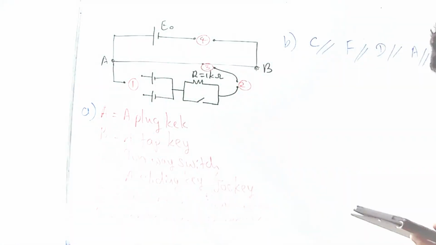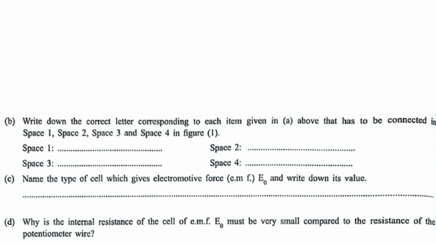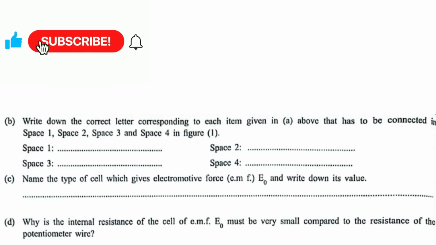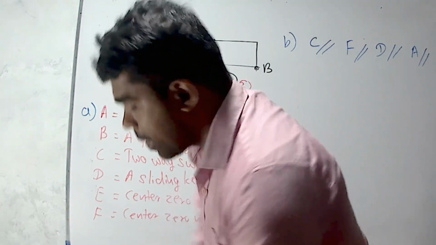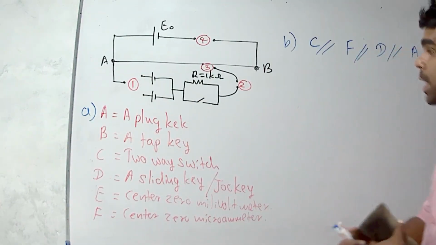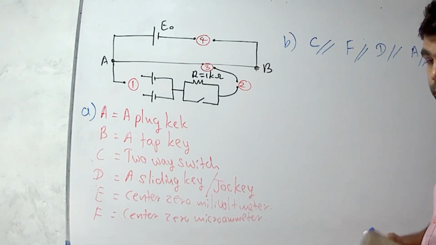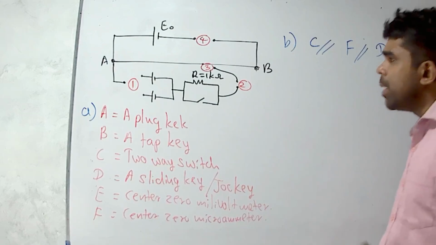Then part C. Name the type of cell which gives electromotive force E naught, the driving cell, and write down its value. We have to use a lead acid accumulator or a nickel cadmium cell.